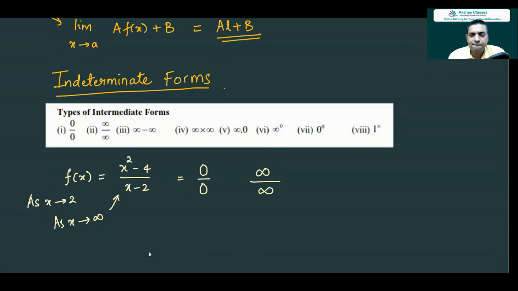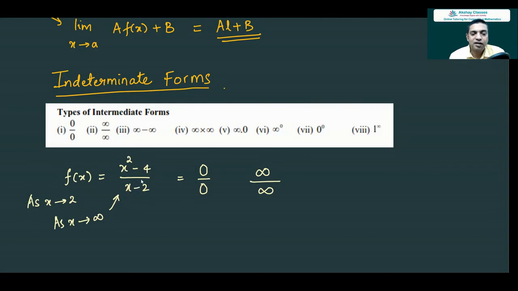Again, infinity by infinity form is indeterminate. Why? Because we do not know whether the numerator is fast approaching infinity or the denominator is fast approaching infinity. Whichever is faster, that will be dominant. So if the numerator is approaching faster than the denominator, then the limit will be infinity.